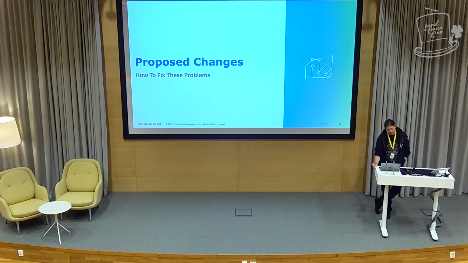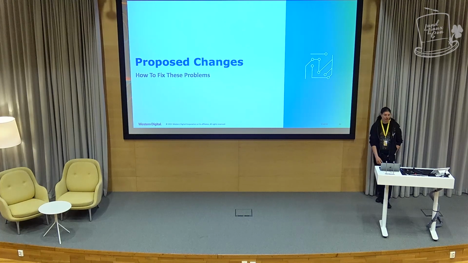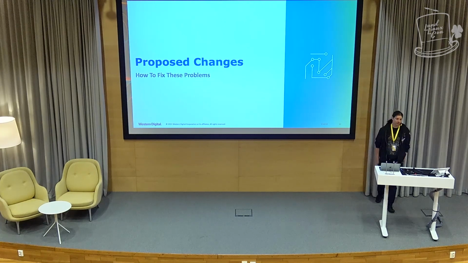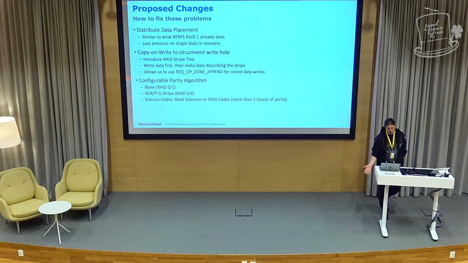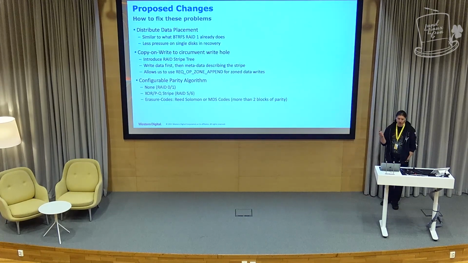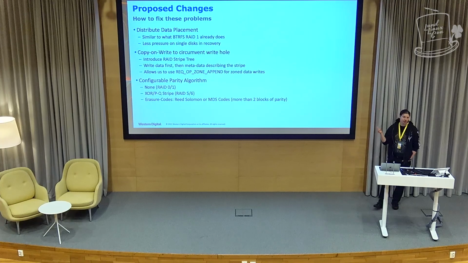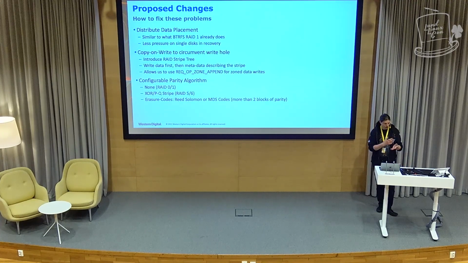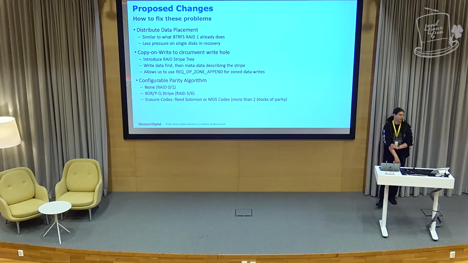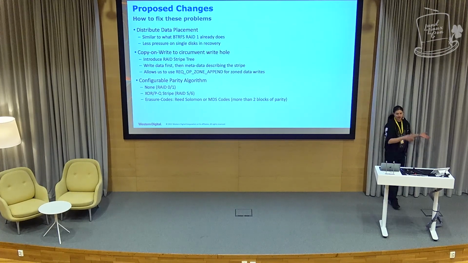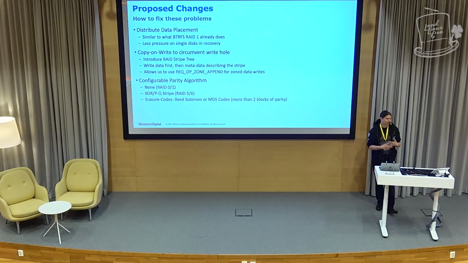So I did have some proposals for how to address all of these problems. For the rebuild problem, we could just distribute the data placement and add more disks. Well, working at a drive vendor, that's probably the solution my employer likes most: add more disks and try to distribute the data.